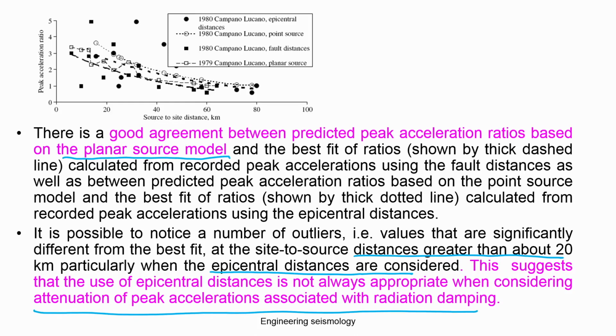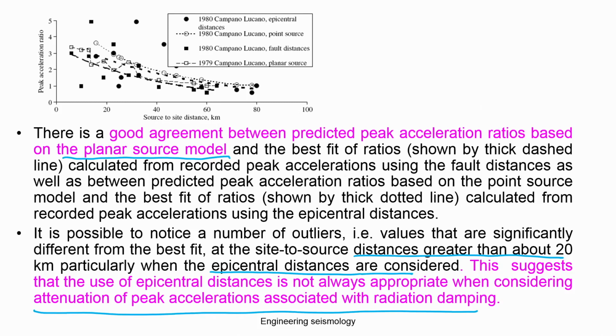In olden days, the use of epicentral distance was predominantly practiced. After this kind of research, it is proved that the use of epicentral distance is not appropriate to show the decay of the earthquake, or the energy loss, or the energy content in the earthquake. So it is necessary to use hypocentral distance.